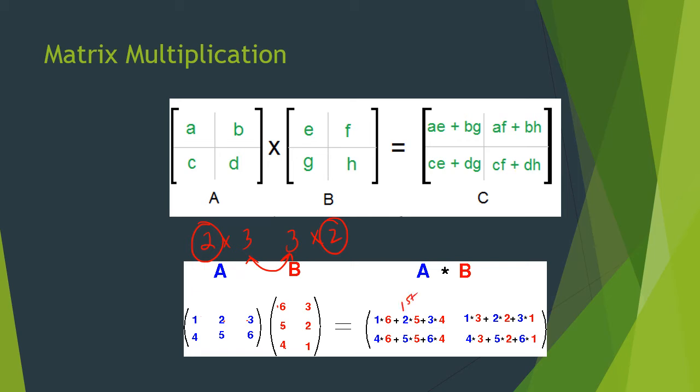And then I do the next one. 1 times 3 plus 2 times 2 plus 3 times 1 is my second element. Next row, 4 times 6 plus 5 times 5 plus 6 times 4 makes my third element. 4 times 3 plus 5 times 2 plus 6 times 1 makes my fourth element.